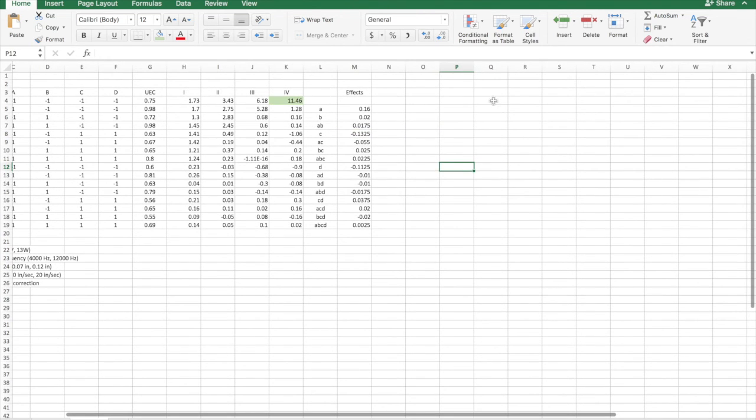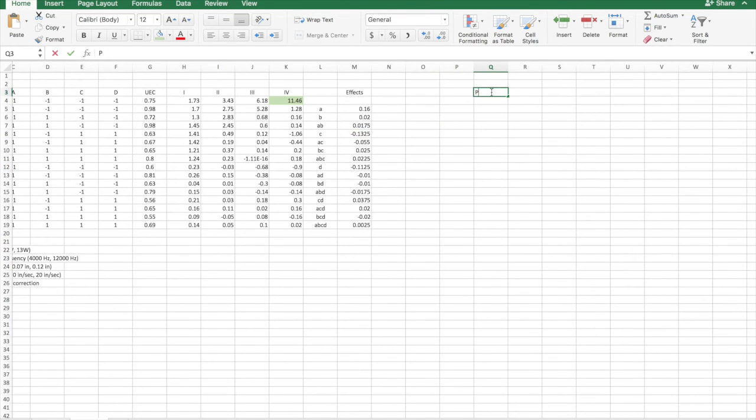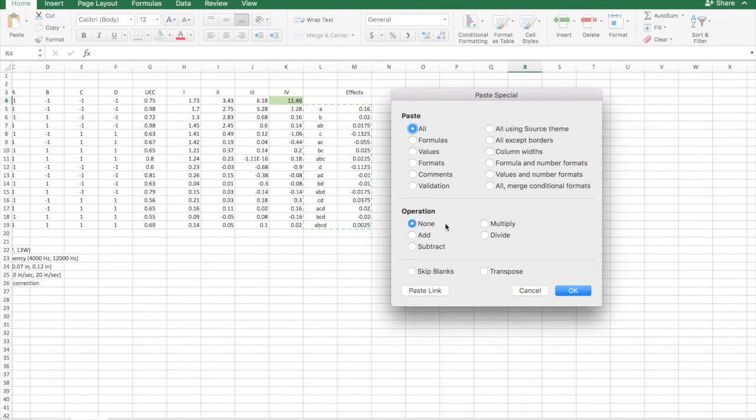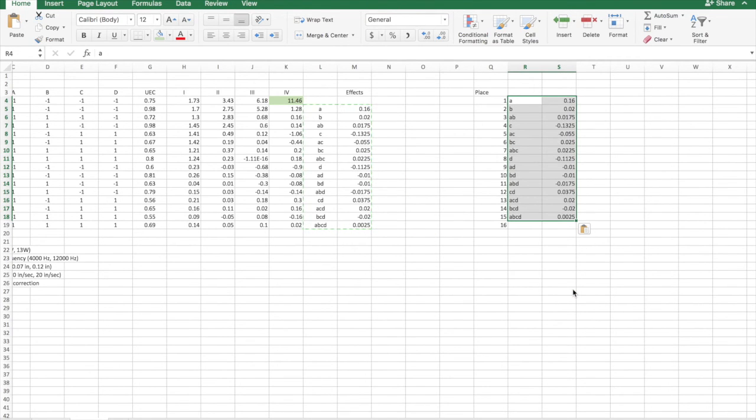To perform the Daniel test, we have to make a chart from 1 to 16, because we have 16 data. Then we copy and paste just the values of the effects, paste special, values only.